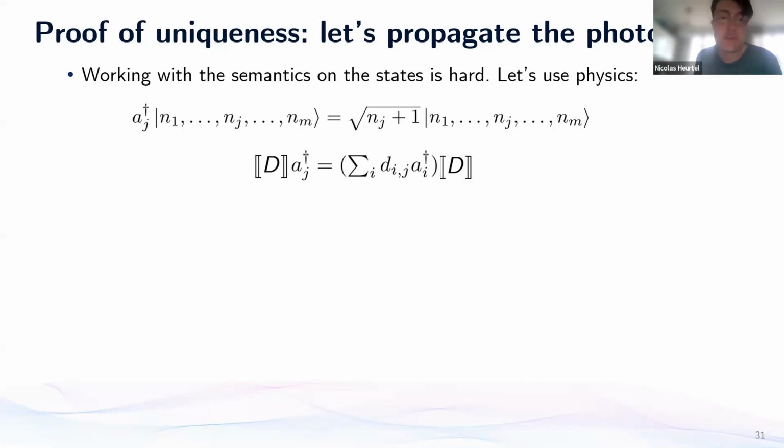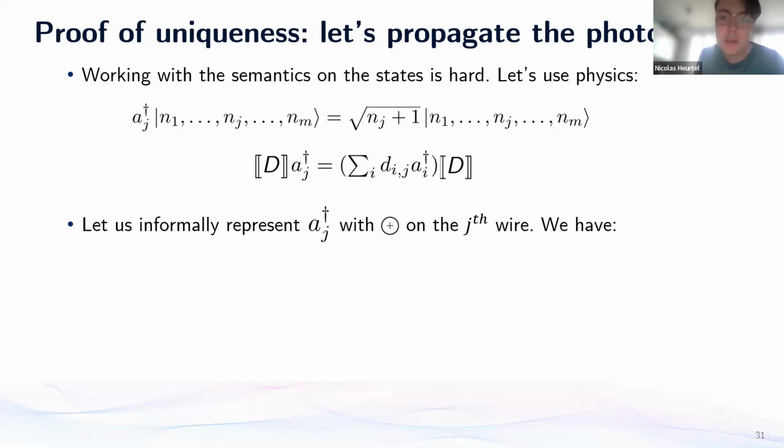And a good property of that is, if you have a LOB circuit like beam splitters and phase shifters, and you have creation operators before, then after you will just have a linear combination, a linear relationship for the commutation of the dagger. D_aj is like the coefficient of the matrix D, so in single photon semantics.